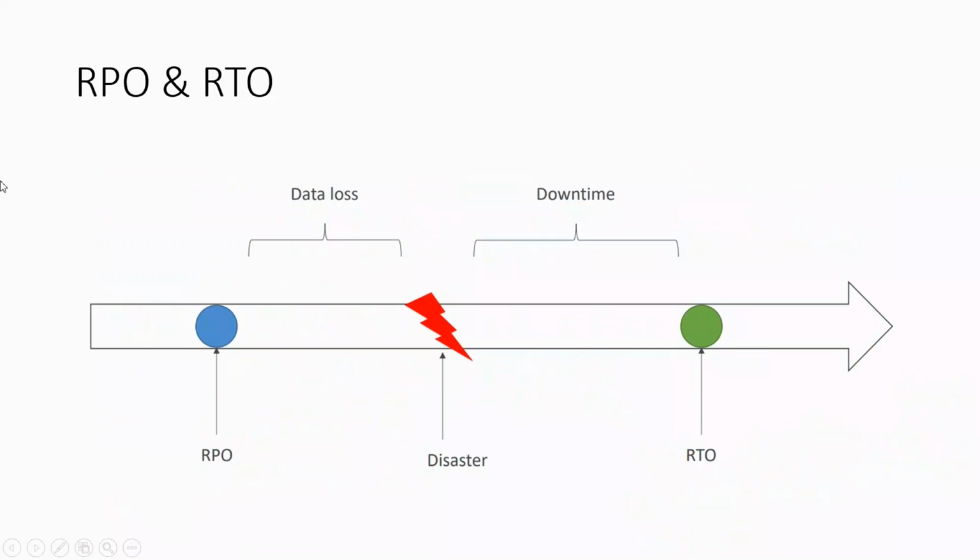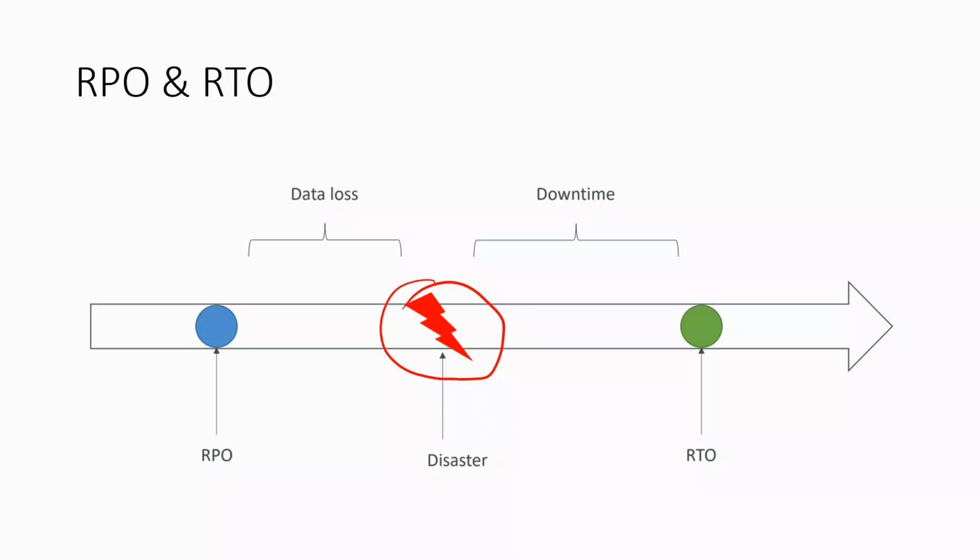Suppose some kind of disaster happened to your company. RPO, the recovery point objective, means how often you back up your data, so that if a disaster happens, you know what data loss you can sustain. For example, if you take backups every hour, the amount of data you can lose is 1 hour's worth.